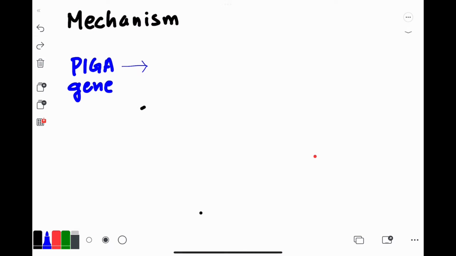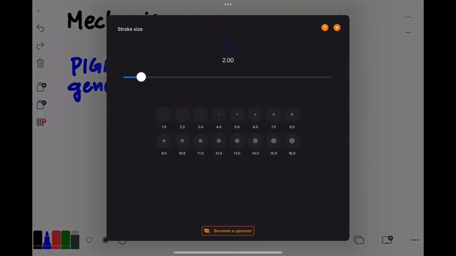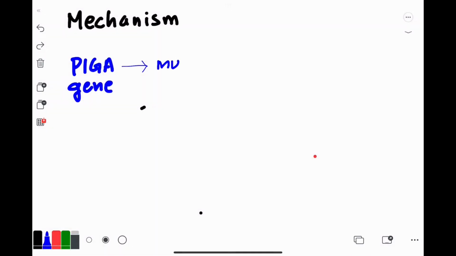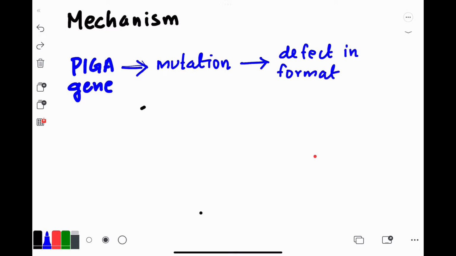Basically what they do is anchor certain proteins to the cell membrane. So a mutation occurs in that gene, which is an acquired mutation, and therefore there is defective formation or absence of GPI anchors, right?